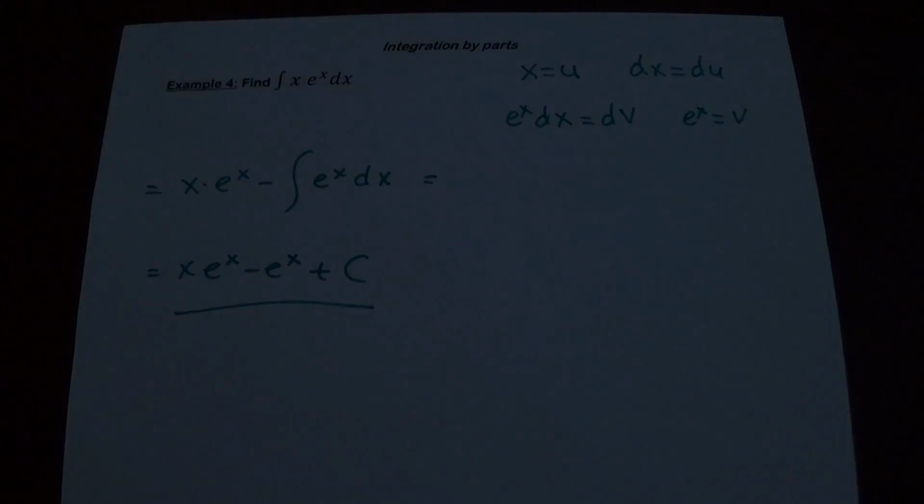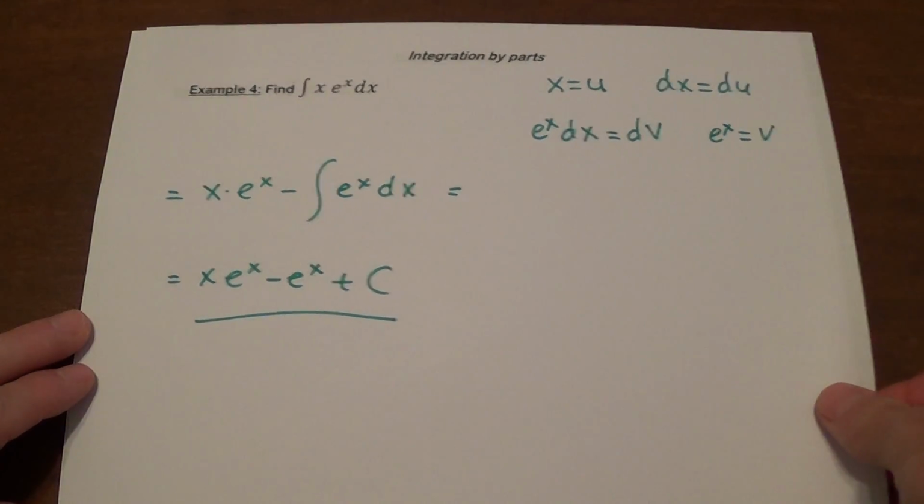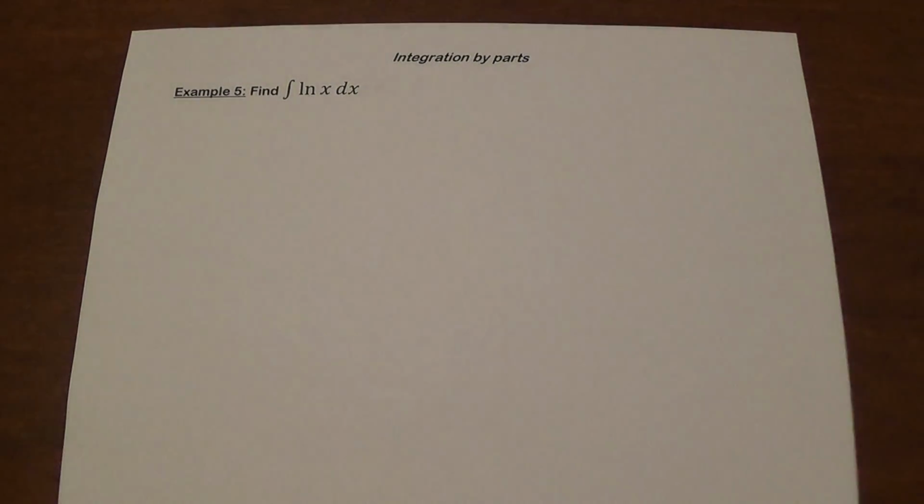I do want to remind you that for all these problems it is possible to check the answers by differentiating the answer to ensure that you are getting the integrand. You can use integration by parts for situations when you only seem to have one term.